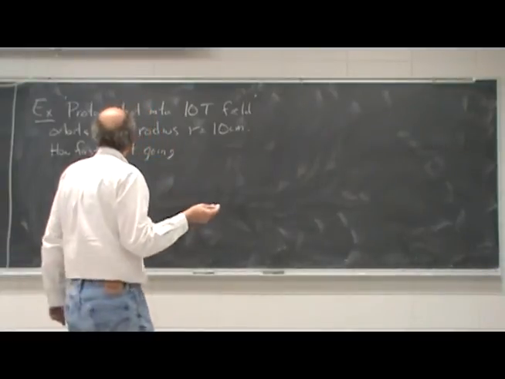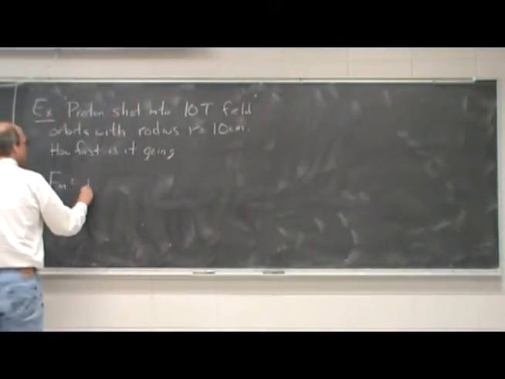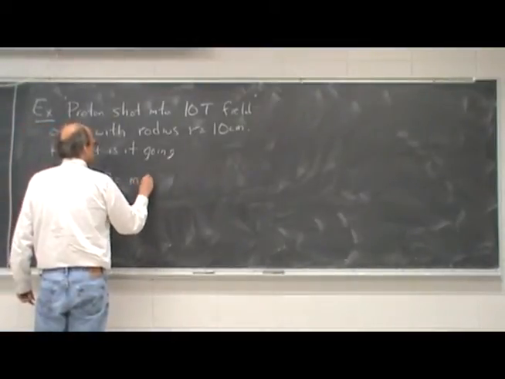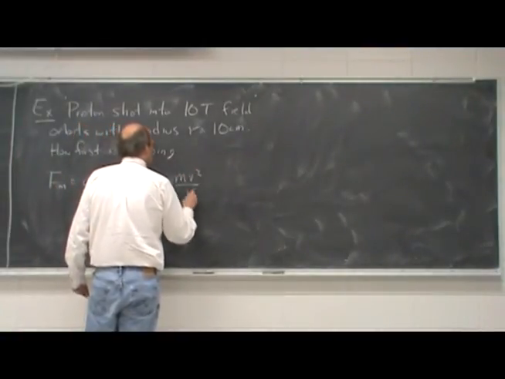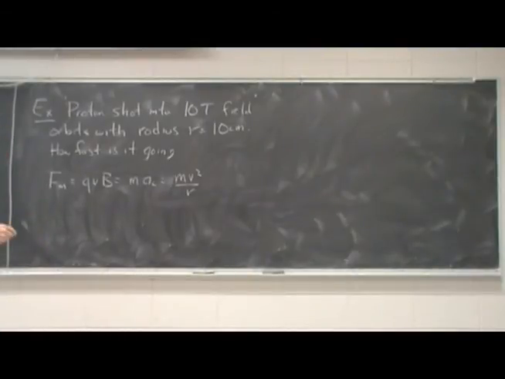All right, so our starting point is magnetic force is QVB equals mass times centripetal acceleration. That's mv squared over r. And what we're looking for is the speed, so we're going to solve this for v.